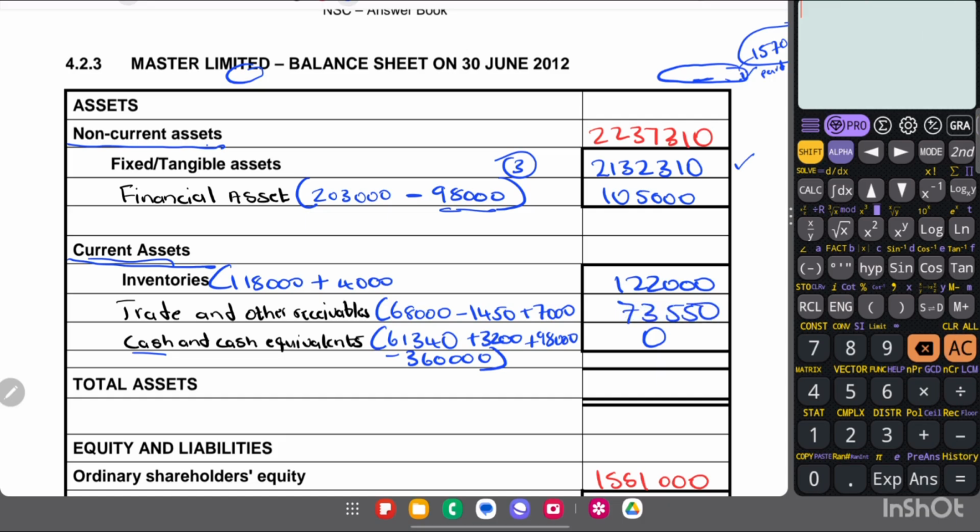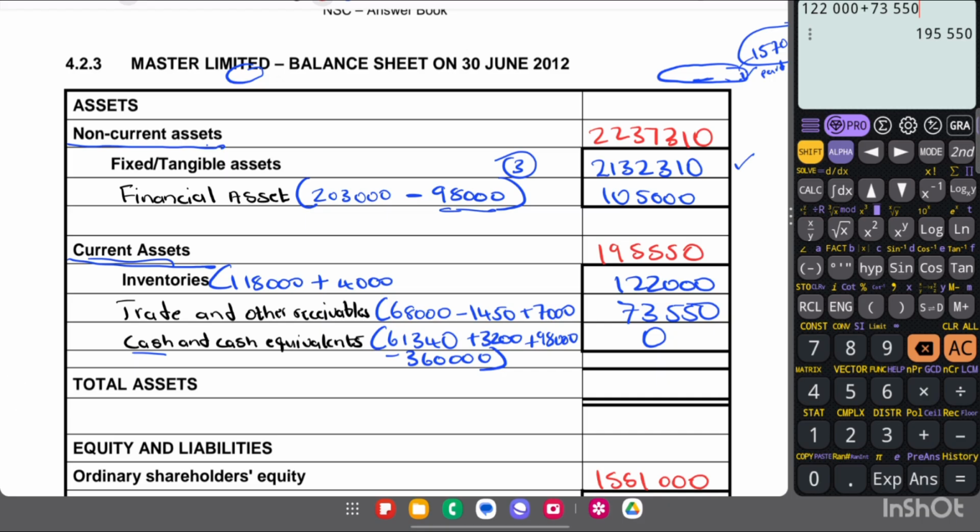And then now we need to calculate our current asset, which is 122,000 plus 73,550. It's gonna be 195,550. Then let's go and calculate our total asset, but allow me to write this one with a different color. Then it's gonna be 195,550.